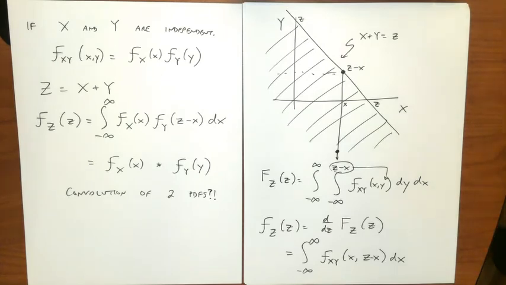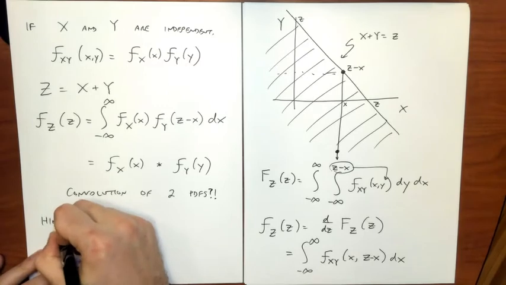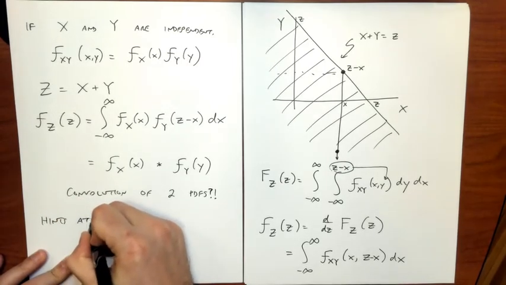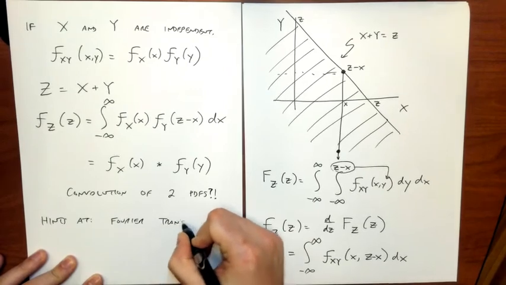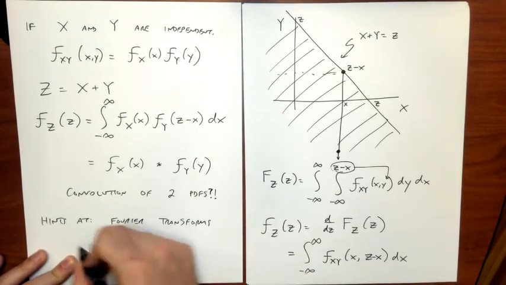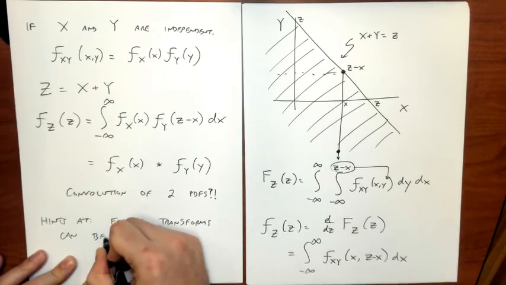So if I wanted to compute these PDFs, I could take the Fourier transform of both PDFs, multiply them together in the frequency domain, and take the inverse Fourier transform. We could do all that, but we're not going to. But let me just say this hints at the fact that Fourier transforms can be useful for probability.